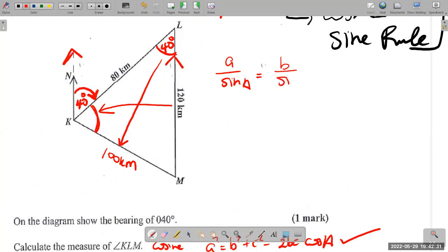B over sine B. So I want you to substitute the values for me. Let me see if you understand how to substitute. Let's go. What would be A? What digit is going to be A? The A to the top. Excellent. You use the two pairs that you have already. So you're going to put 100 above here.